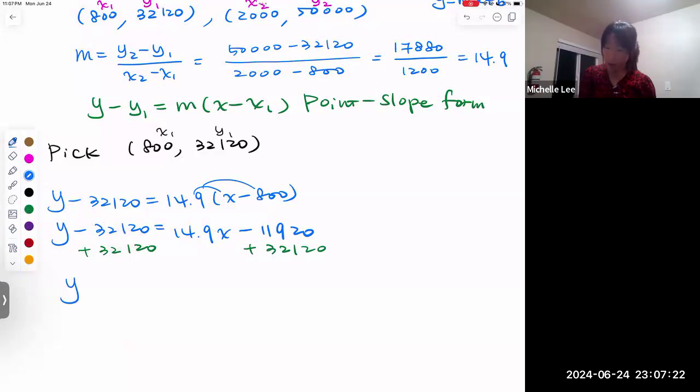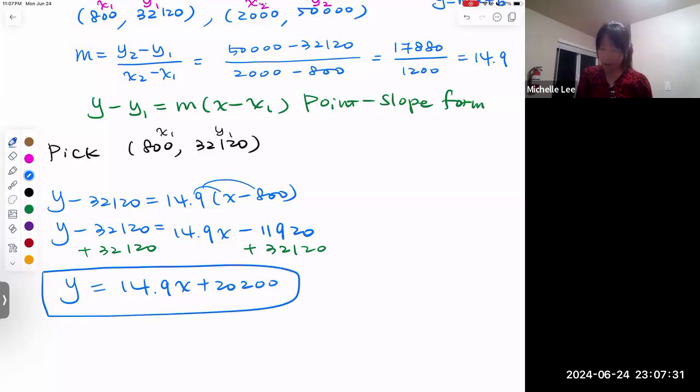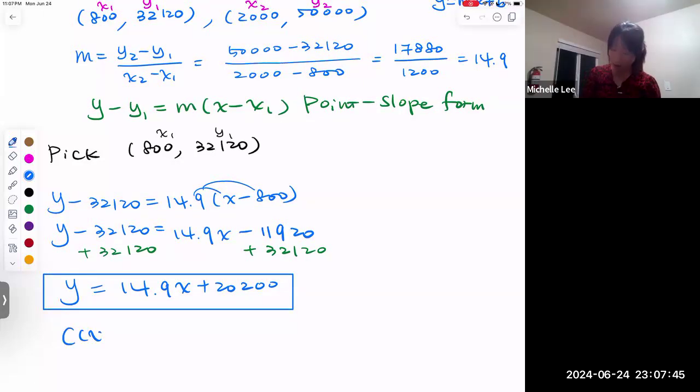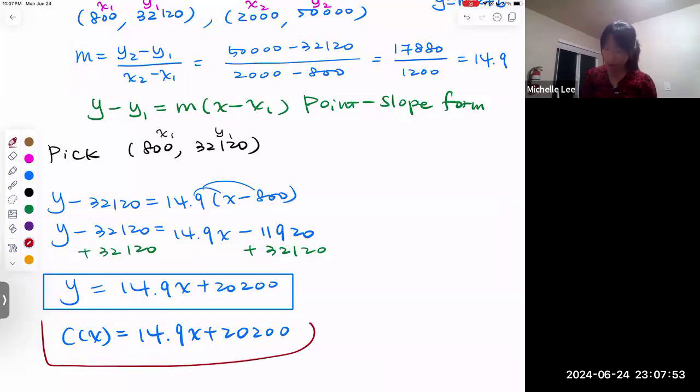So we have y equal to 14.9x plus 20,200. So this is the y equal to mx plus b form, which is an equation, right? But we have to use the function notation, the linear cost function. So C of x equals 14.9x plus 20,200. So this is the answer.